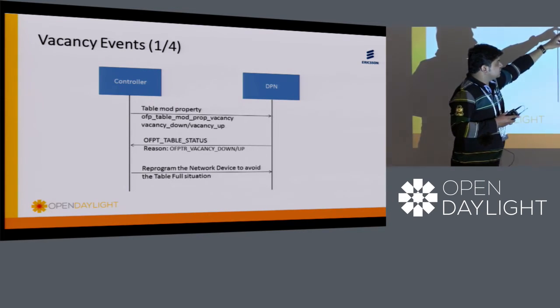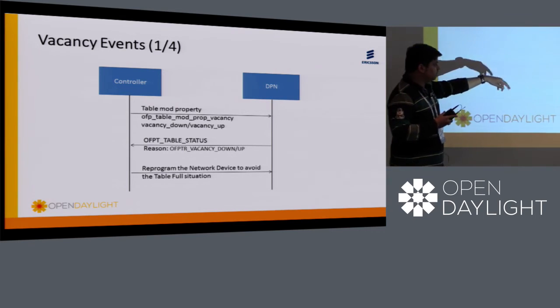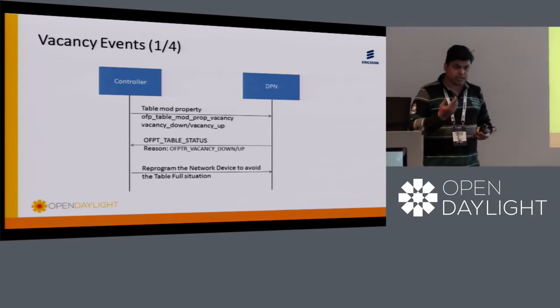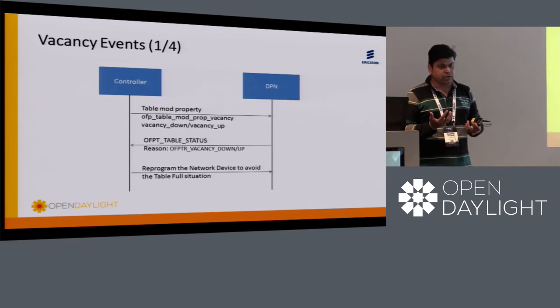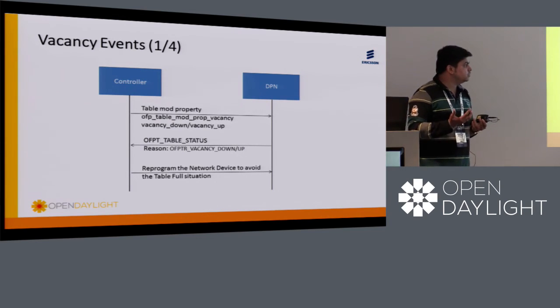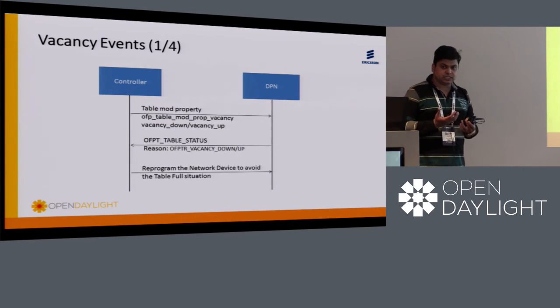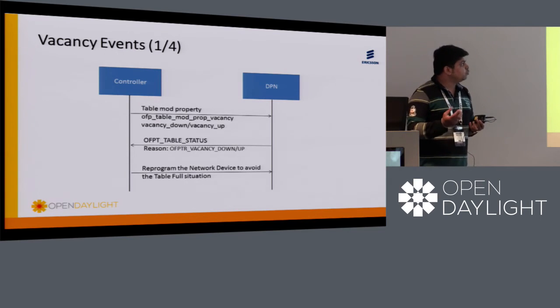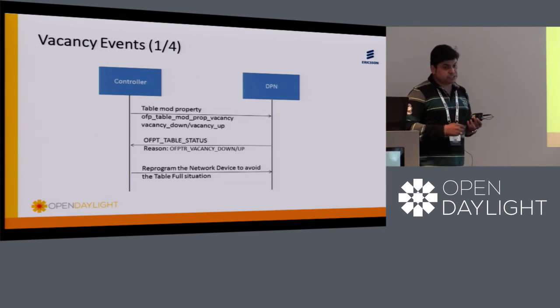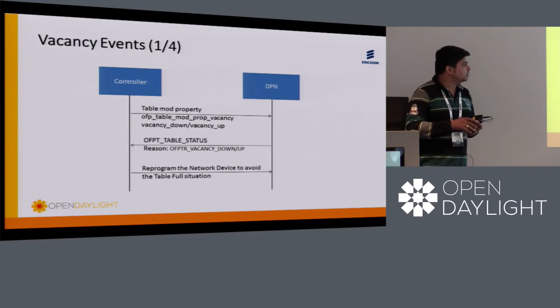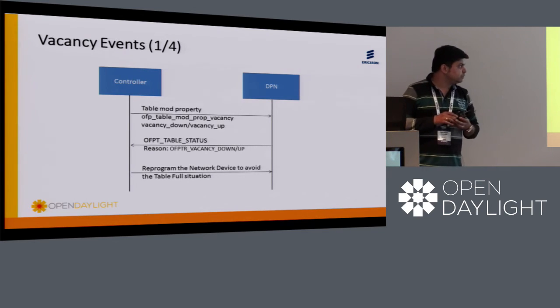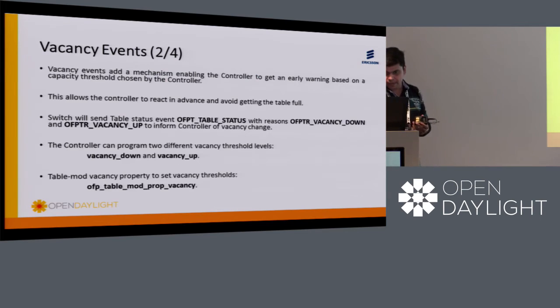The reason will be one of these, either down or up value. Based on that, we can get an early warning that the table is about to get full or a situation like that. Once we get this, we can remove those flows which are not getting hit using the previous eviction mechanism, and the higher priority flows can go in.